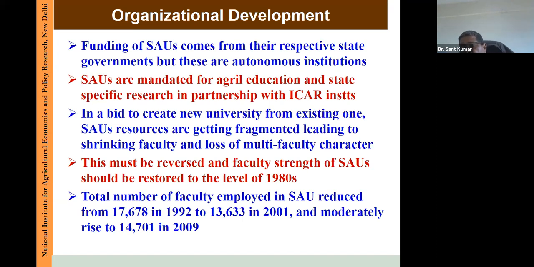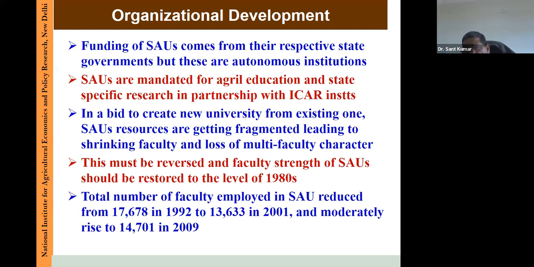In the process of creating a number of agriculture universities, these problems have been realized, and the idea is to stop such kind of creation.